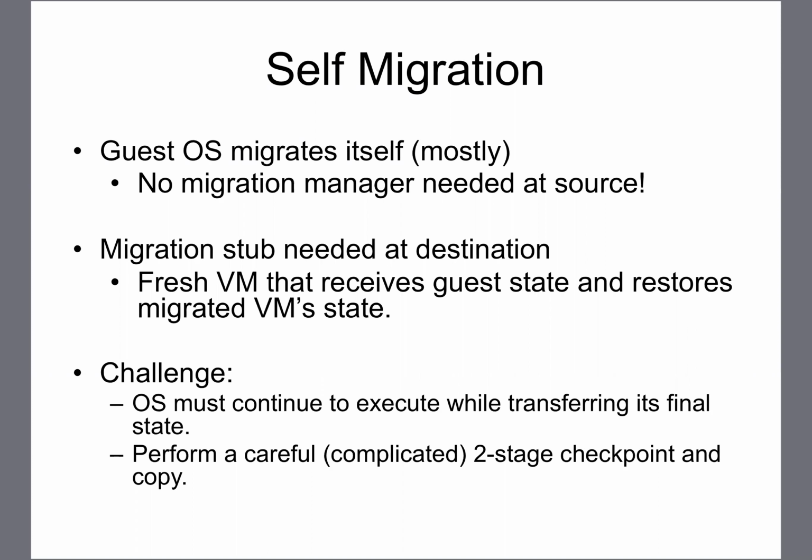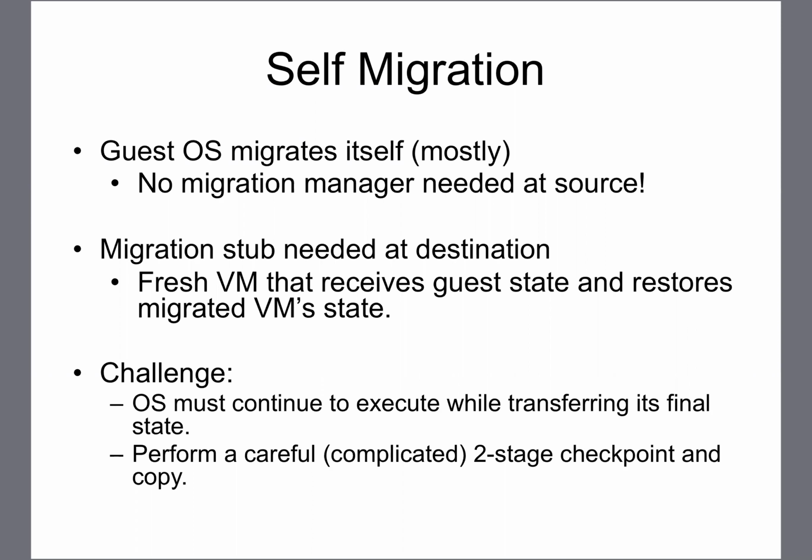So for example, let's say your VM is on Google Cloud, and then you want to migrate the VM over to Microsoft's Azure Cloud. These two different cloud providers from different companies won't talk to each other because they're competitors. They won't let you migrate. But then the VM can implement mechanisms to migrate itself from one cloud to another cloud. That's self-migration.